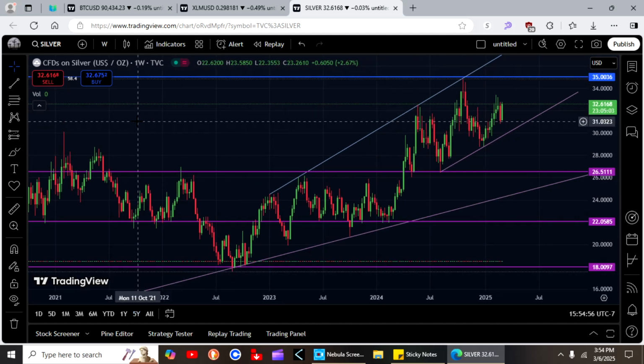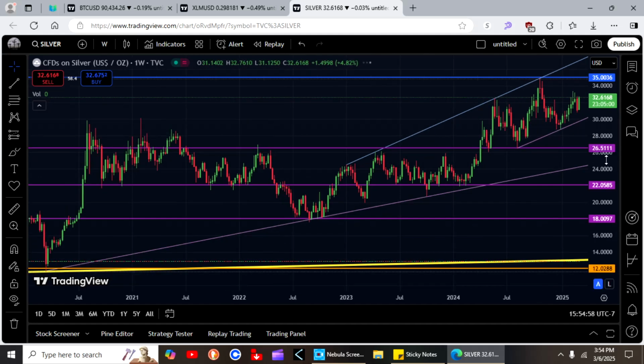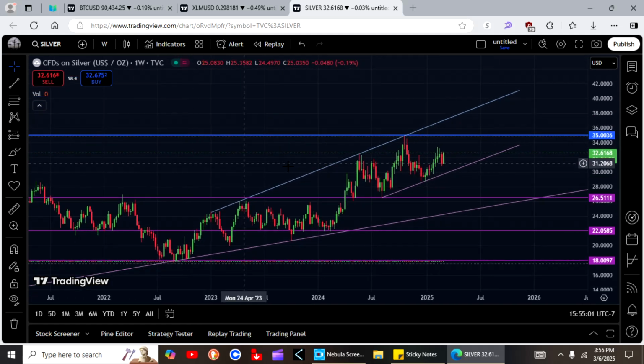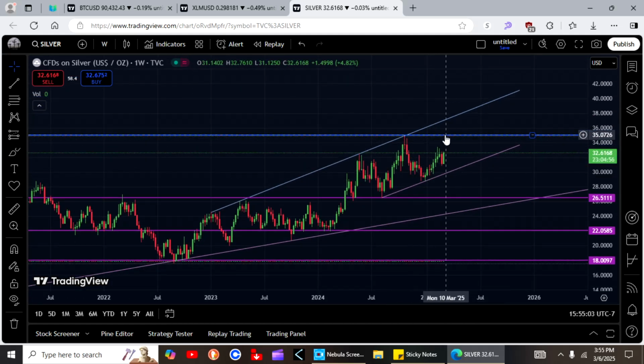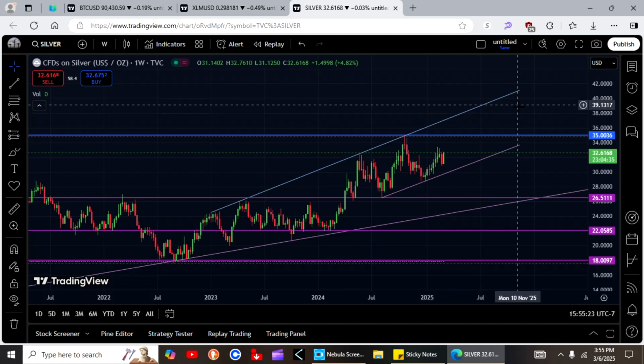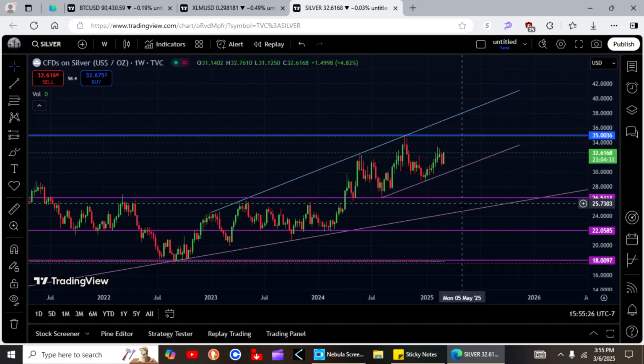So I actually think it's gonna do this: it could come up right here, hit around $35, come back down, hit around $30.50. And as long as it hits that, it's still technically climbing. It could even break that and go below that, all the way down to like 26.50. If it holds this, it's still climbing in the short term. It could even break that, hit right here, and it's still climbing.